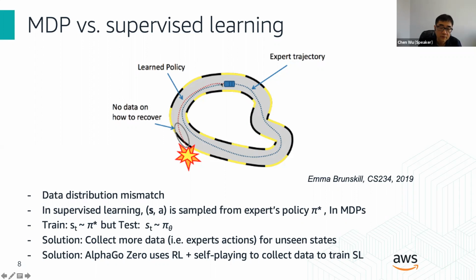So once you deviate a little bit, as time goes by, the deviation can become compounded. When you deviate a bit more, the action will take you to states you have never seen before.